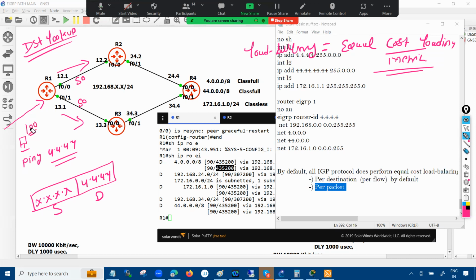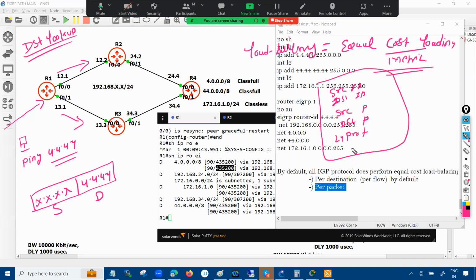Per destination, or we can say per flow, means it depends on the flow. So what is a flow? A flow is a combination of source IP, destination IP, and then we have the source port number, destination port number, and then the layer 4 protocol. Even one more thing, the DSCP field.